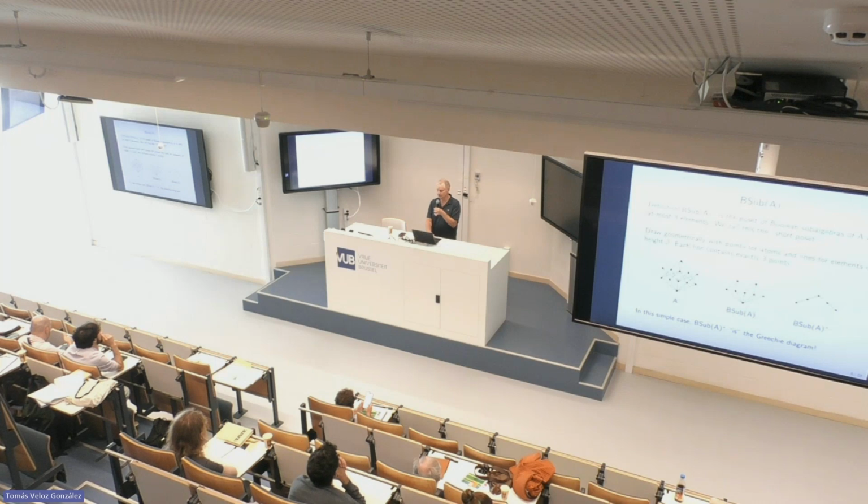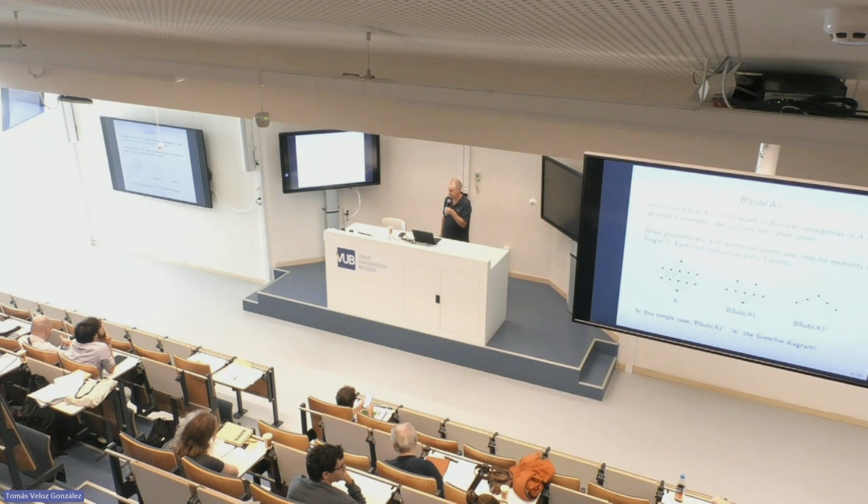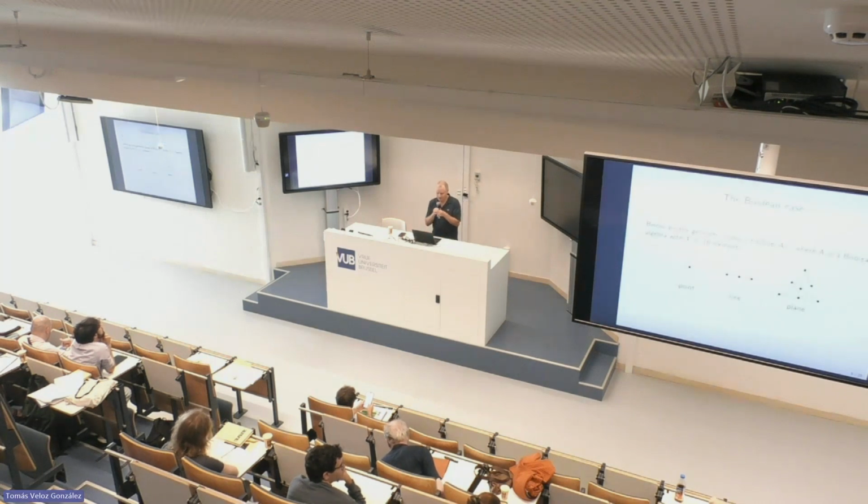Each 8-element Boolean algebra will have 3 4-element subalgebras. So each line will have 3 points on it. So I can get a sort of geometric type of picture with points and lines to draw this guy. And in this simple case, what I'm getting is actually the Greechie diagram of A.